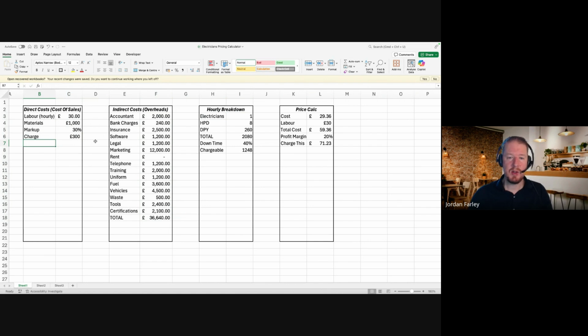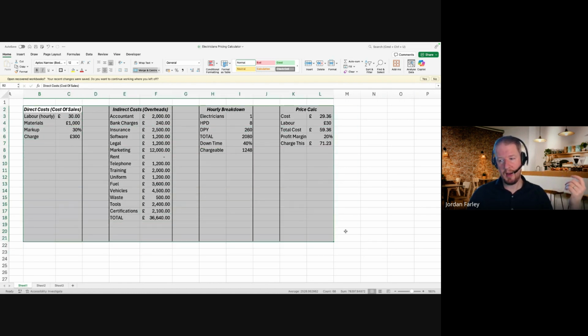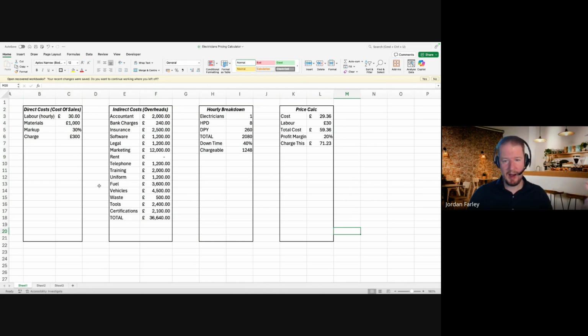And going back in the history of my business, I didn't used to mark up materials. I used to do labor, and I thought, my labor's pretty expensive, so I won't charge any markup on materials. That was my reasoning in my head. But that was before I'd figured out all of this stuff. I was thinking, I'm charging £60 an hour, so I'm sure there's enough money in there for me to end up with what I need at the end of the day.